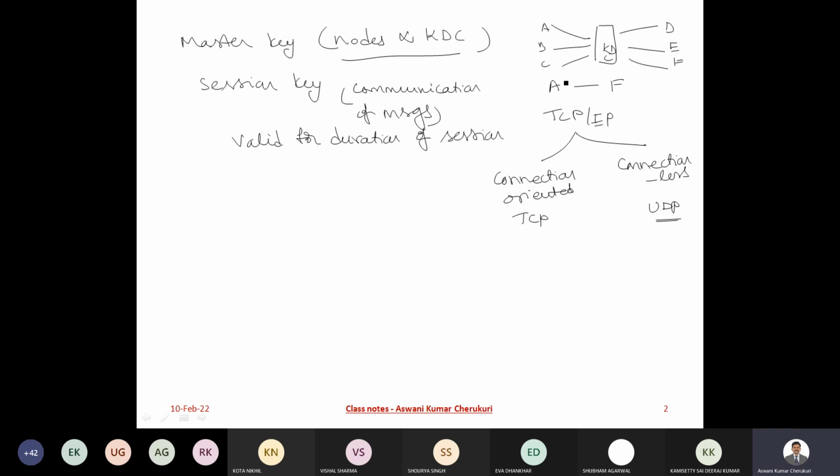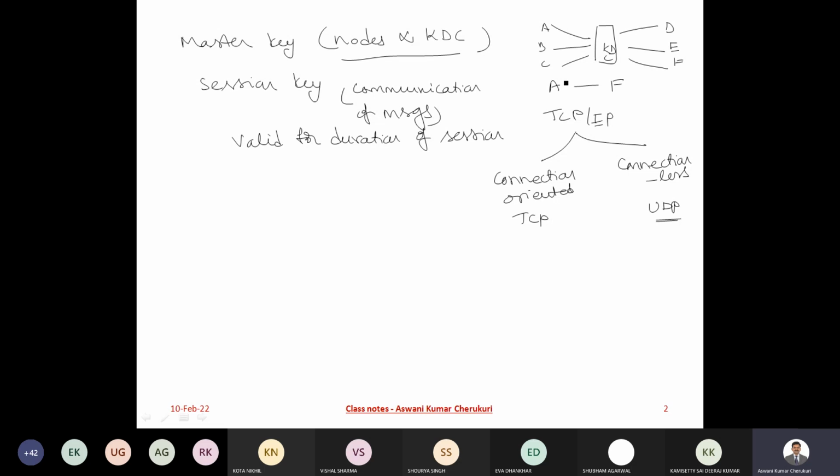Okay. Since there is no acknowledgement, a connectionless protocol does not guarantee that your sync or hello message reached the destination or not. Whereas connection-oriented will ensure that, because you are getting an acknowledgement, it gives you a guarantee that yes, my message is done. This is about the networking point of view.